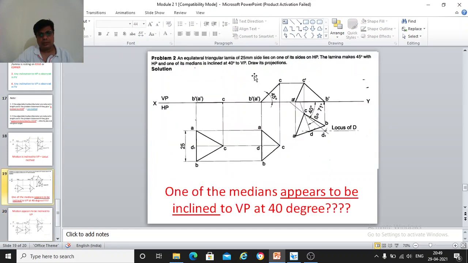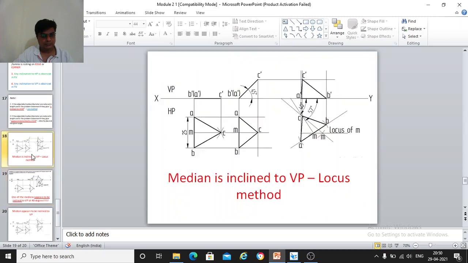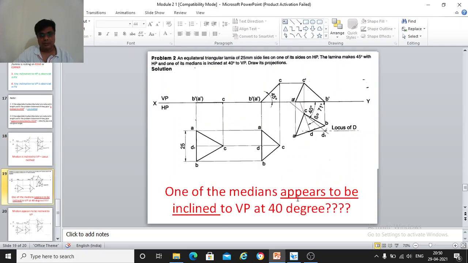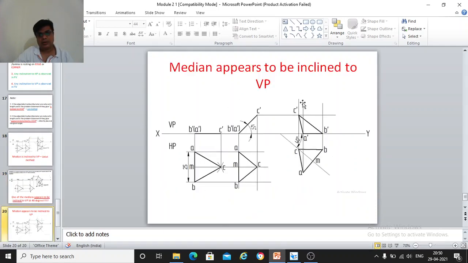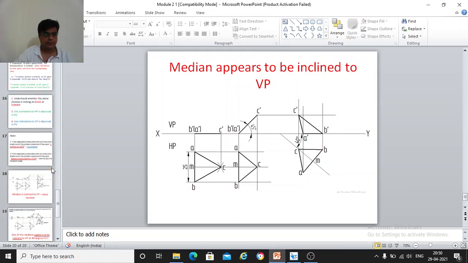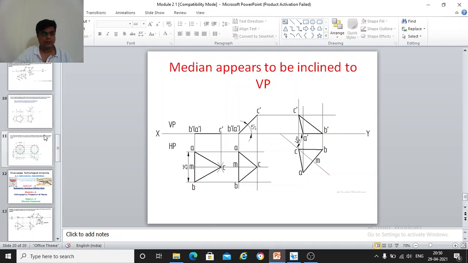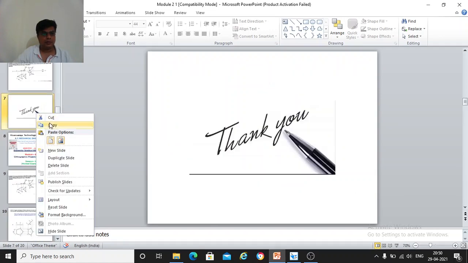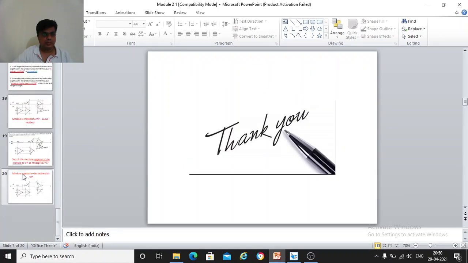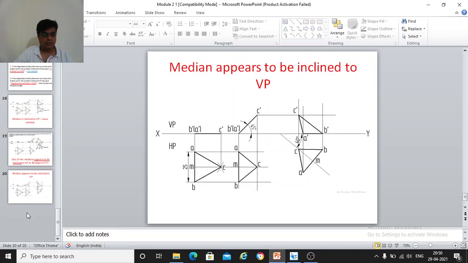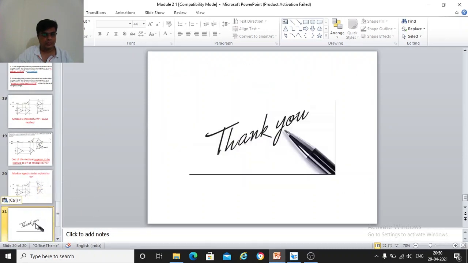When they give median is inclined, you follow the locus method. When the median appears to be 40 degrees, you draw it directly. Okay, so that's how you should solve or draw the problems.